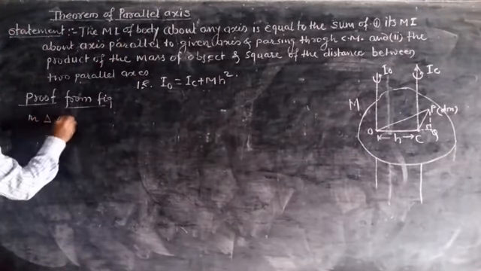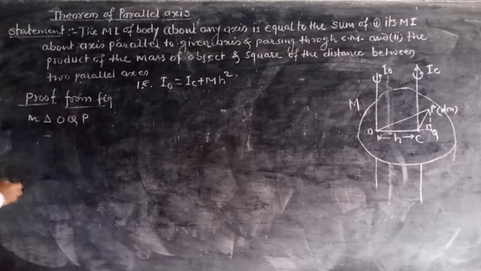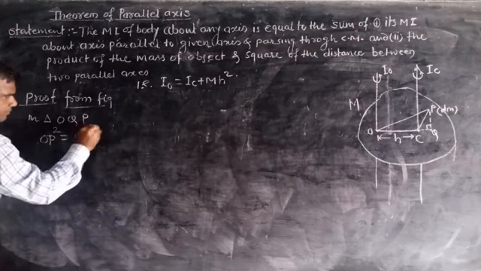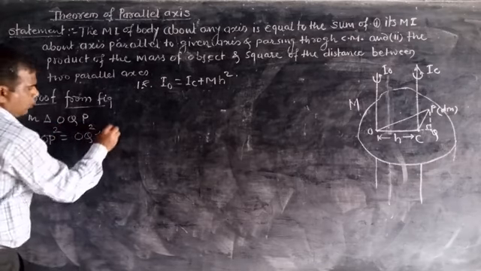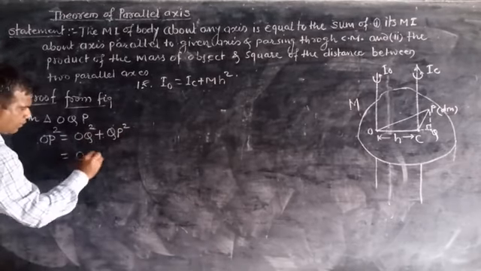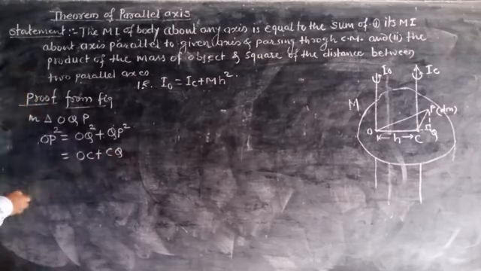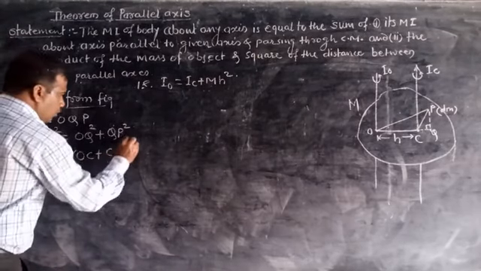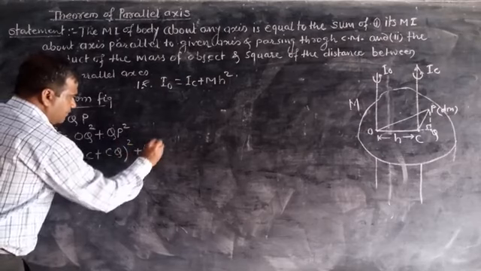From figure, in triangle OQP, by Pythagoras theorem, OP square is equal to OQ square plus QP square. But OQ is nothing but OC plus CQ, so OQ whole square is OC plus CQ whole square, plus QP square.